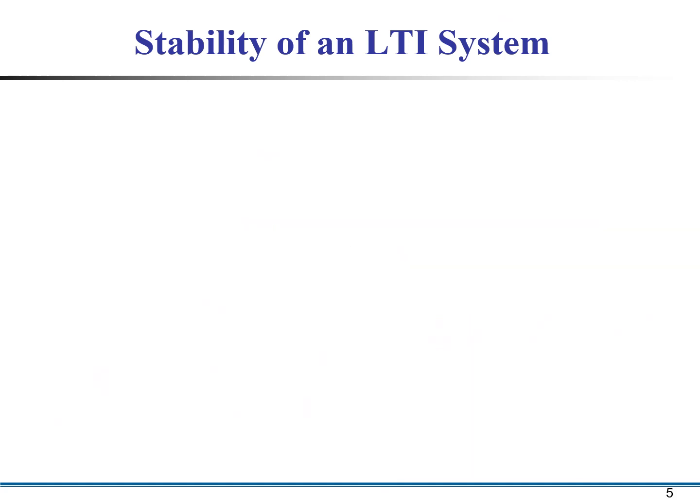So now on this slide, we will discuss the stability of an LTI system in terms of the input to the system, and this is fundamentally a detailed explanation of the question posed on the previous slide.